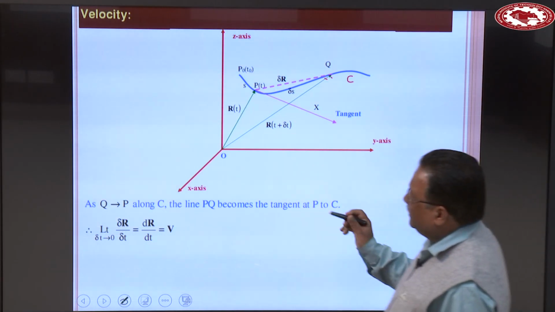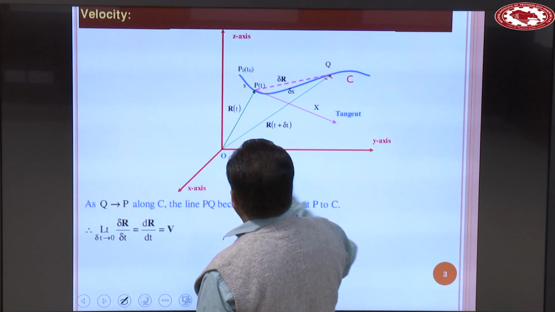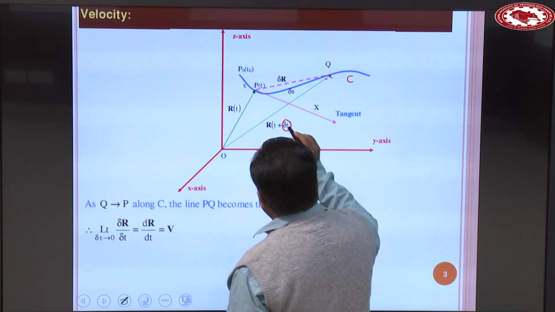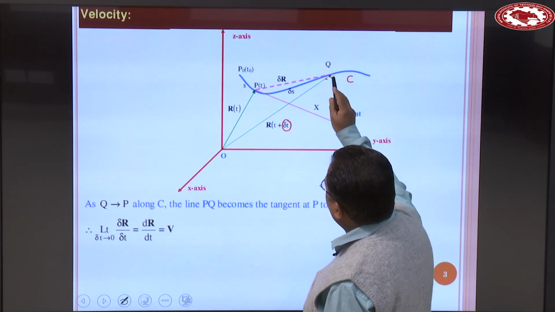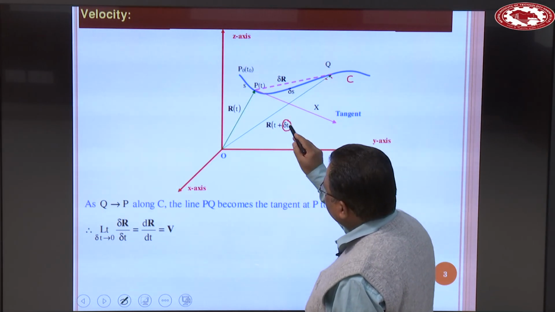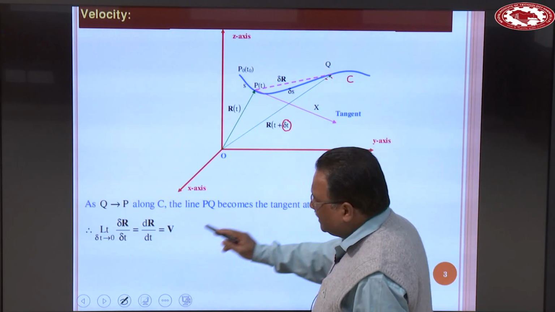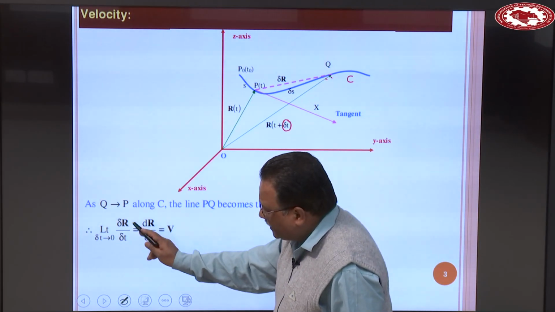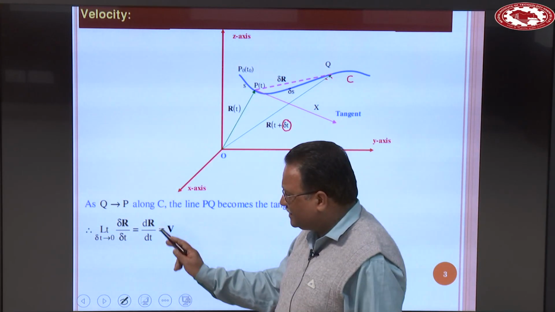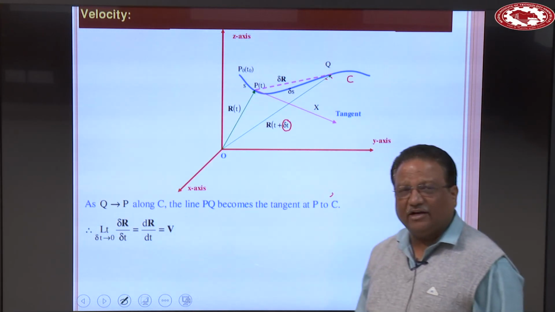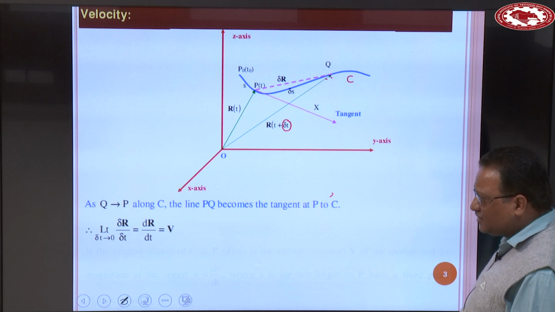Therefore, as Q approaches P, delta t tends to 0. The limit as delta t tends to 0 of delta r over delta t is dr over dt, which is the velocity v.